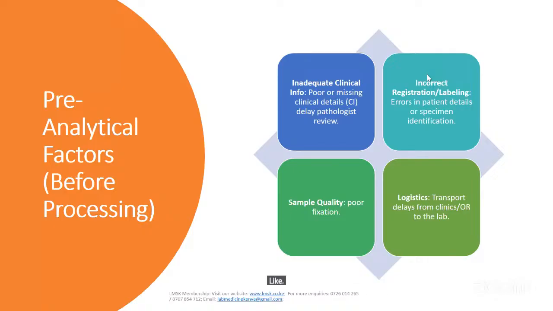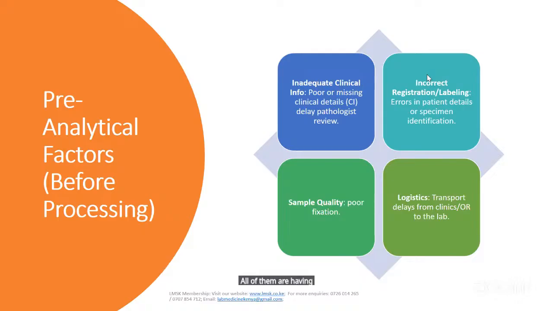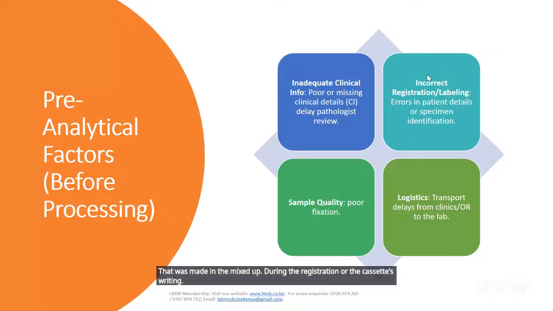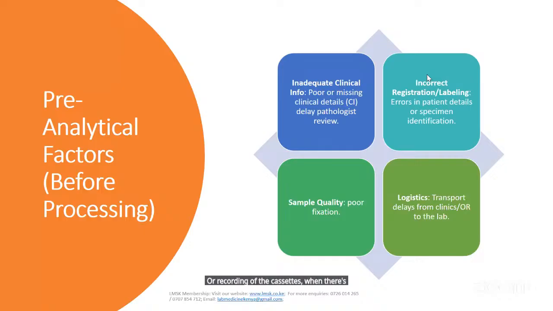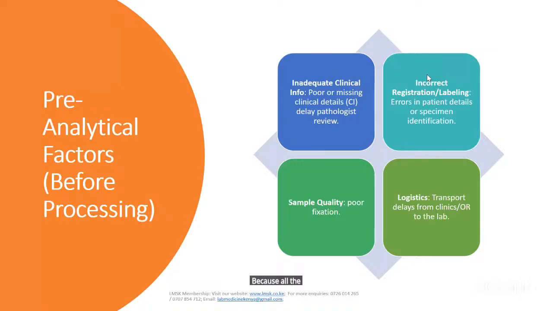For instance, you're having three uterine biopsies that all have consecutive numbers. When it comes to reporting and a mistake was made in the mix-up during registration, cassette writing or barcoding, you're not able to sort out that mix-up easily because all the samples are the same.